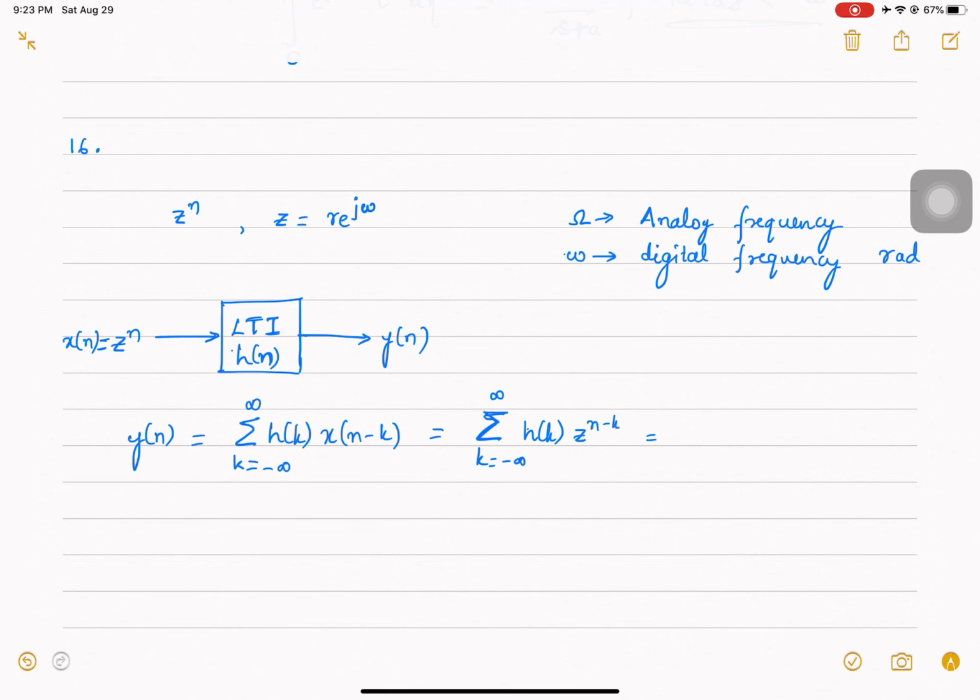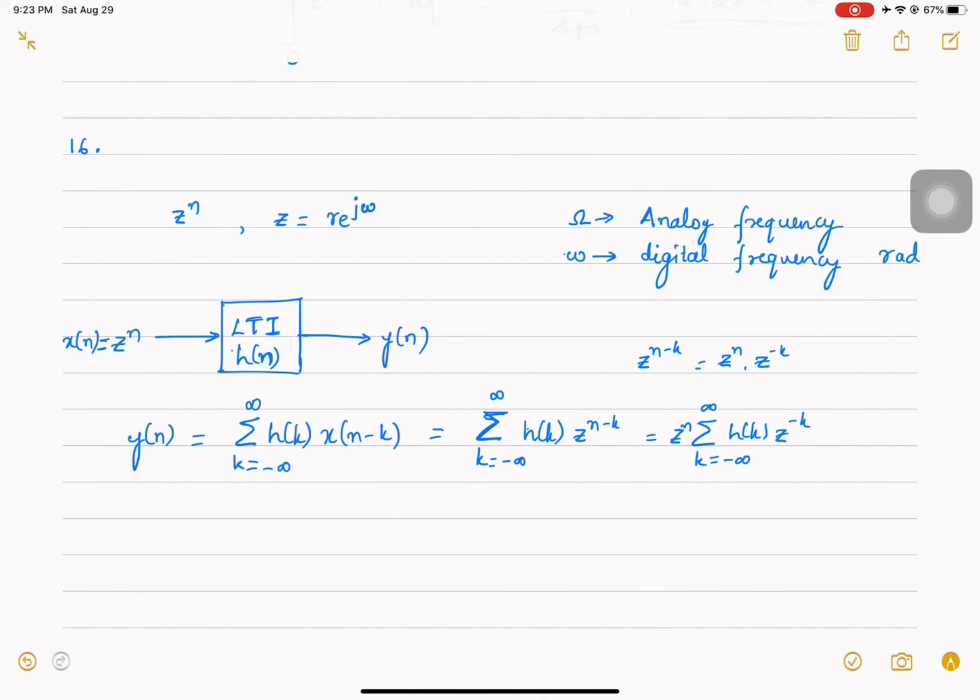Okay, so if I separate them out, since the summation is over k, I can take z power n out, because z power n minus k can be written as z power n into z power minus k. Okay, so this is h of k z power minus k, right?